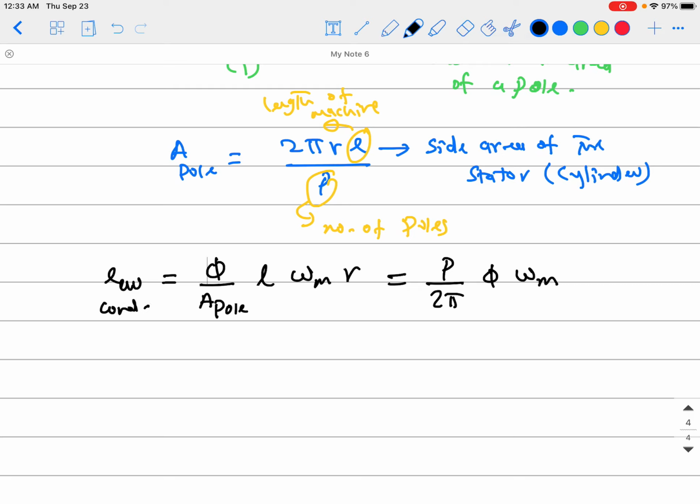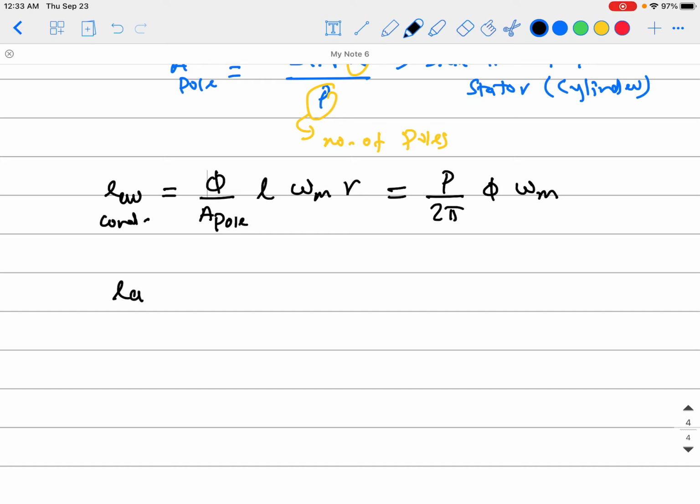Okay, what if I want to make this for the whole armature? That will be E average for the whole armature, so you basically will multiply this by Z. What is Z?